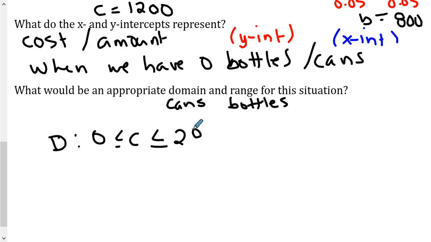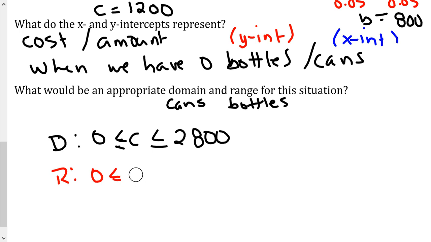The restriction on cans. Anything above that, it would be larger than the amount of money we're taking in, as well as it's already higher than the number of items we've turned in. But that's that upper bound. Our range for our bottles, same idea here. I can only go down to 0.